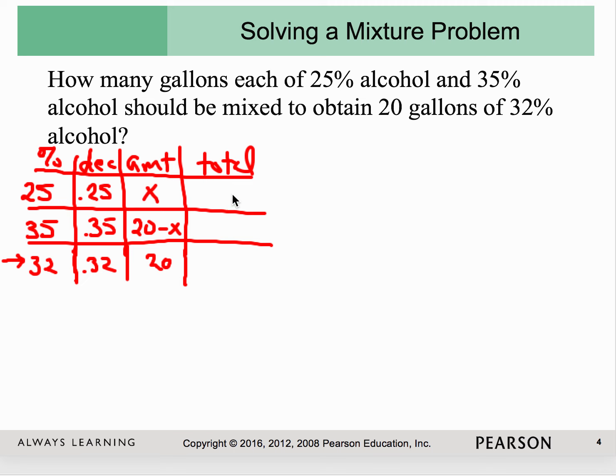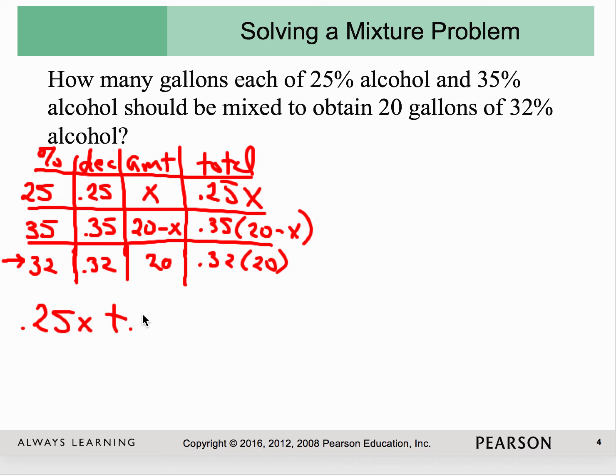To fill in our last column over here, we just do this times this. So 0.25 times x, 0.35 times 20 minus x, and 0.32 times 20. And this gives us our equation. This plus this equals that. 0.25x plus 0.35 times 20 minus x equals 0.32 times 20.